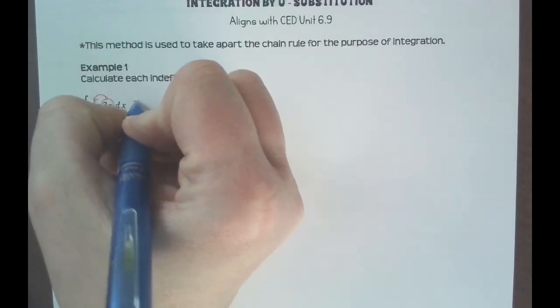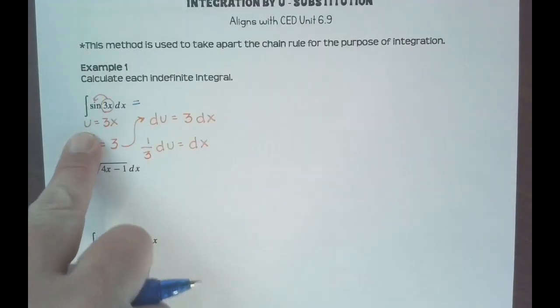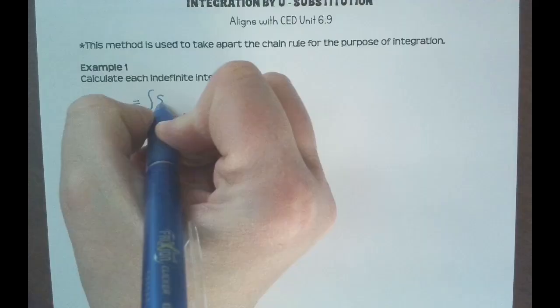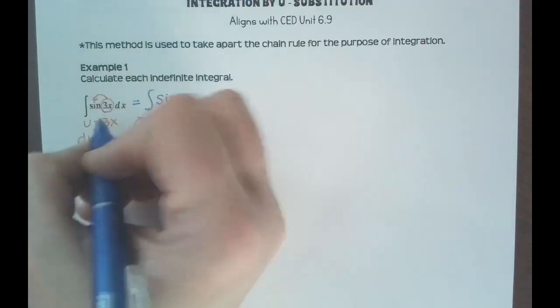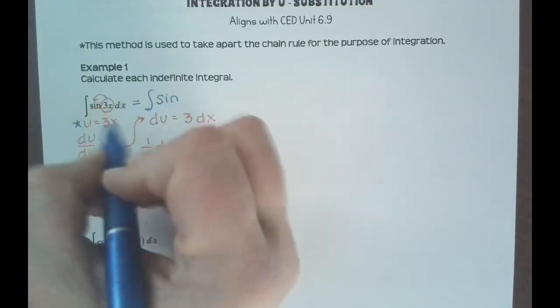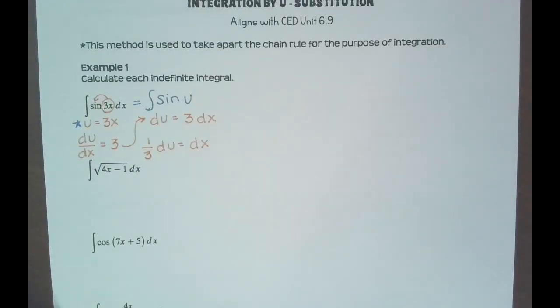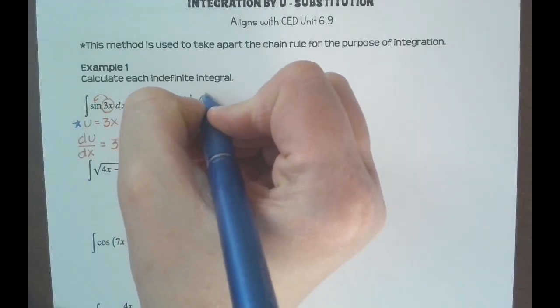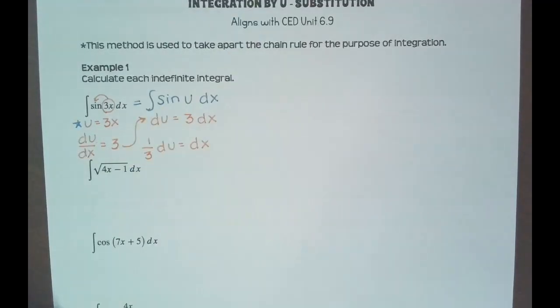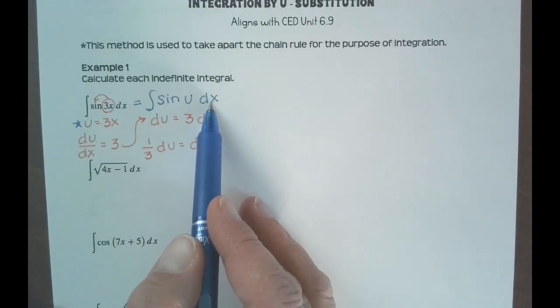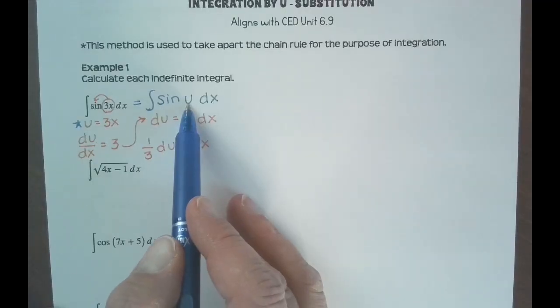We want to rewrite this integral using our U-substitution. So I'm going to write this as an integral of sine, but then instead of 3x, I'm plugging in u. And then the problem we run into here is, let me just write this down for a second. If I put a dx there, this is telling me to integrate with respect to x, but my function is now a u value.